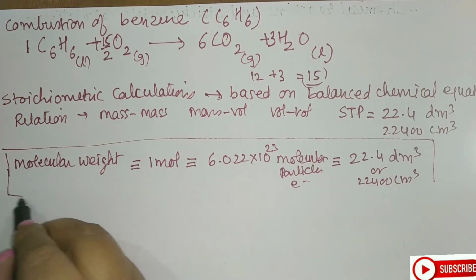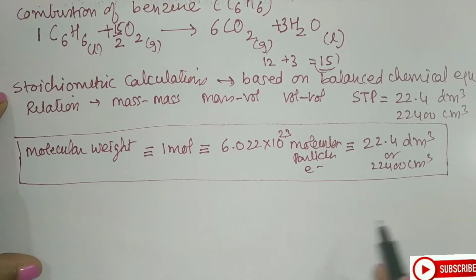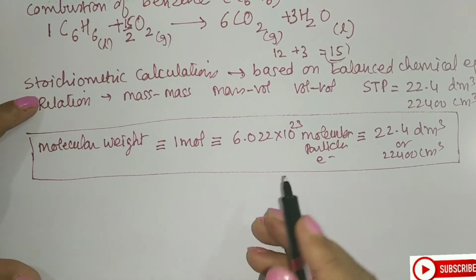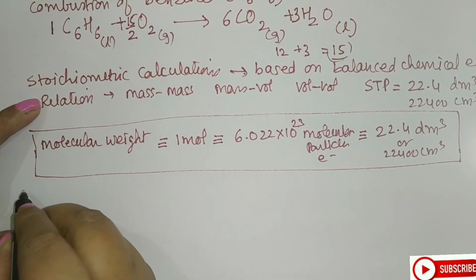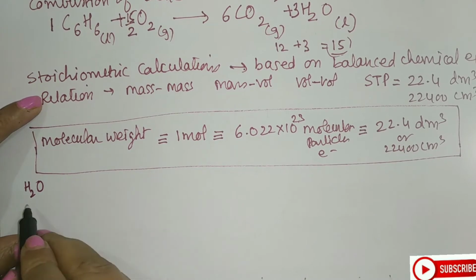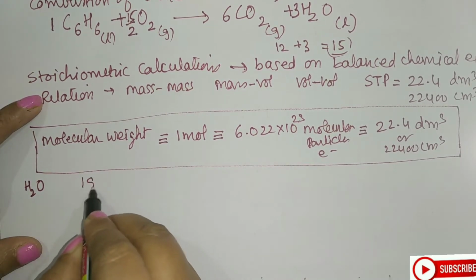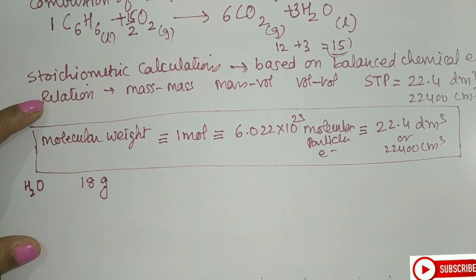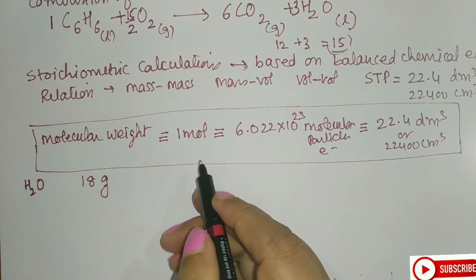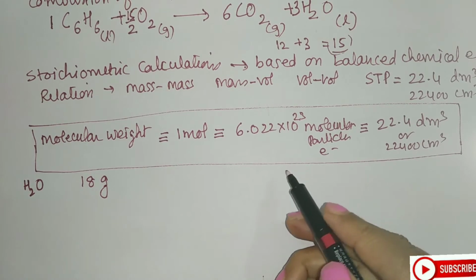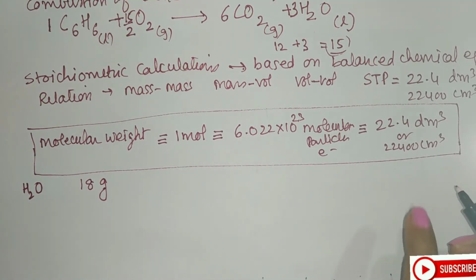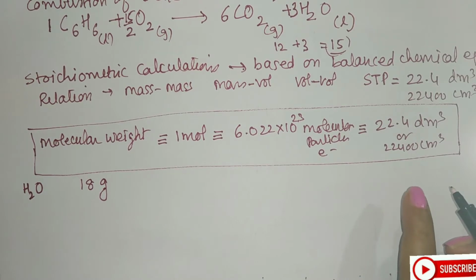Depending upon the question type, you have to use the format. Let us revise. If the substance given to me is water, I will calculate the molar mass of water, that is 2 plus 16, that means 18 gram. So when I take 18 gram of water, I am talking about 1 mole of water, which must have Avogadro number of particles and must occupy a volume of 22.4 dm cube.